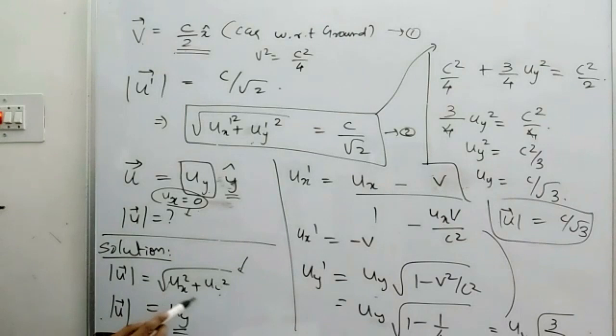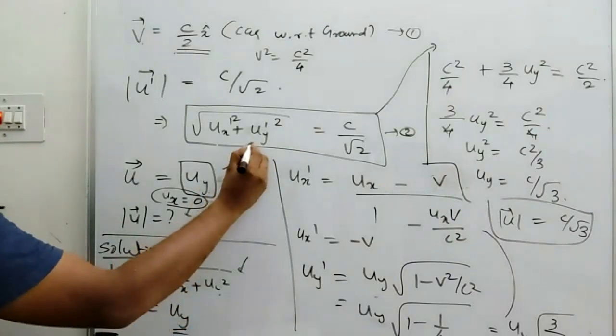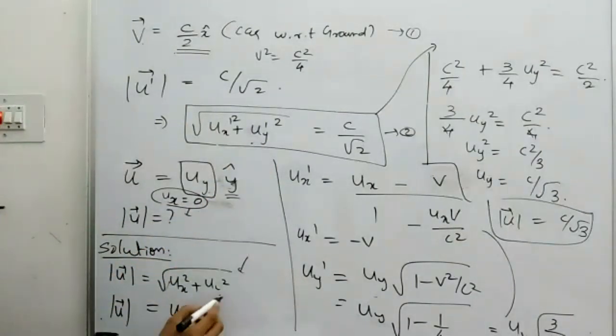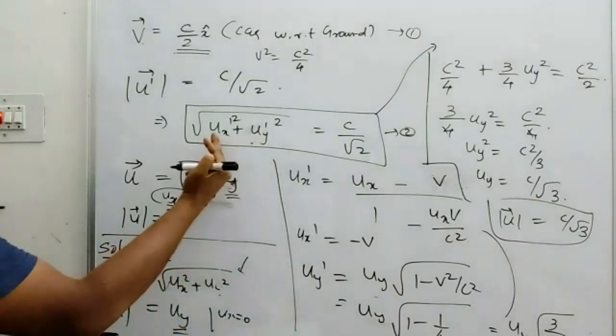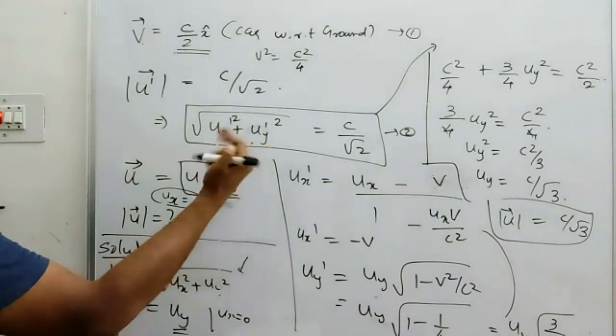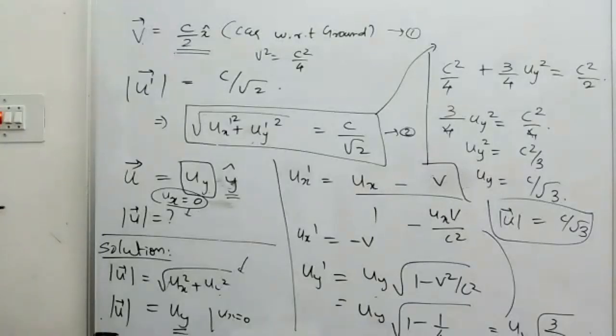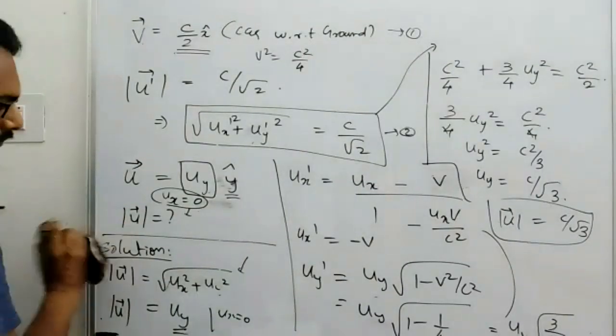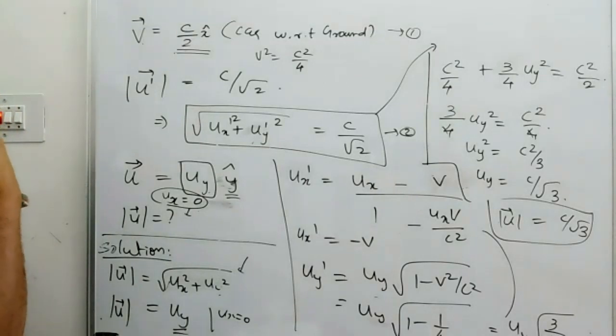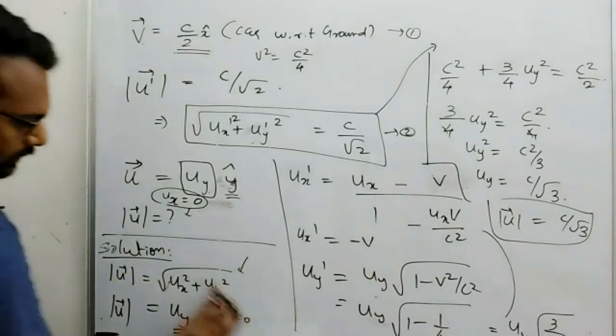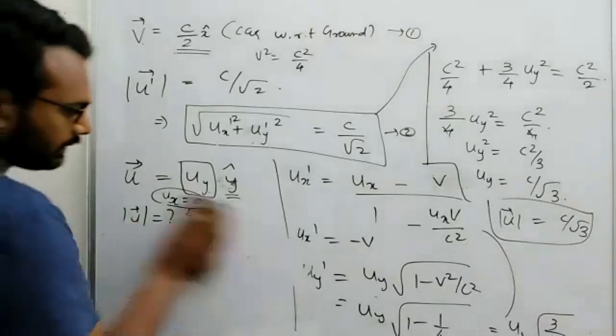So we have this equation, and we know that ux equal to 0. So you write this ux prime and uy prime in terms of ux and uy, substitute it here, and you'll get an equation for uy. You solve it, and that would be your answer. Okay. So such problems can be asked.